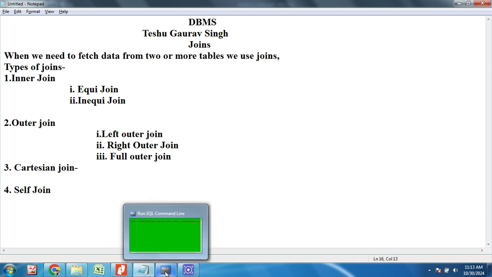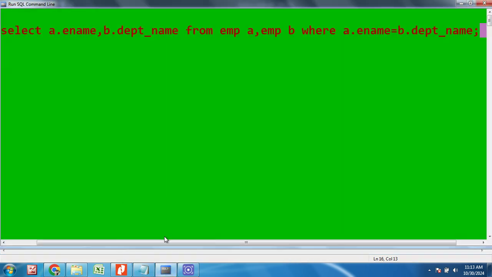Earlier we have seen an example of the alias function. So here I am writing select a dot ename comma b dot mgr.